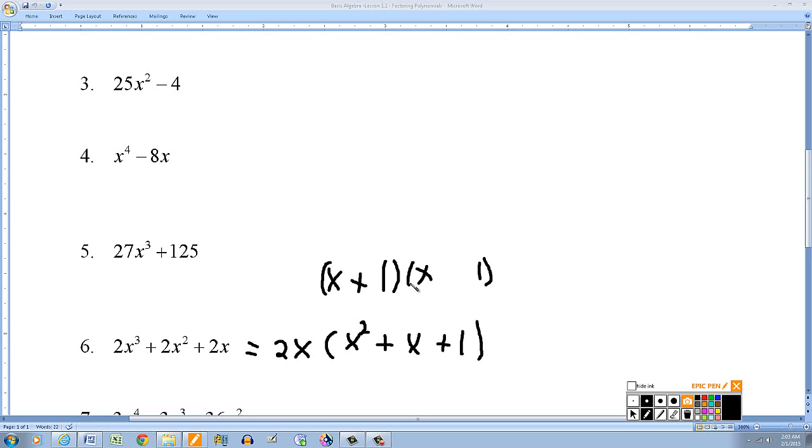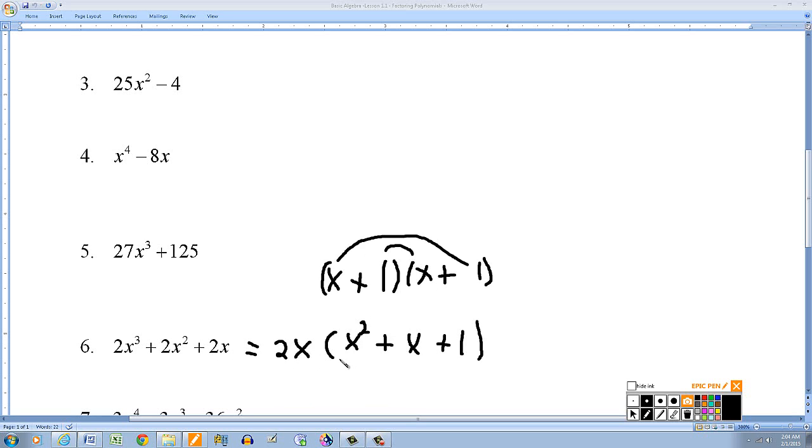But this is not going to give me this thing, because notice, if I multiply this, the x and the x would give me the x squared, obviously. The 1 times the 1 will give me the 1. But then when I multiply these two here, and these two here, this is 1x and 1x, 1x and 1x. This would have to be a 2 here for this to factor. So it doesn't. So the factorization for this is just 2x, parentheses, x squared plus x plus 1.